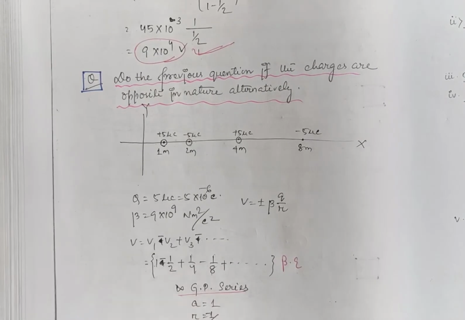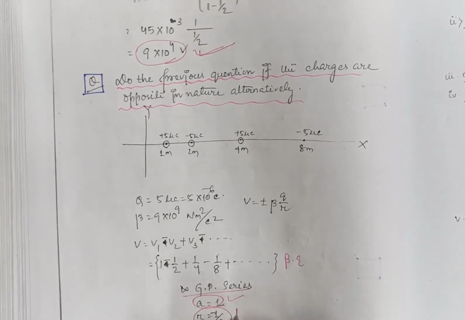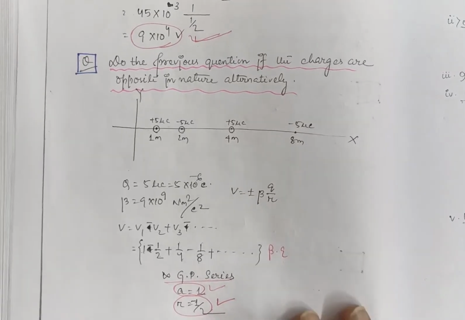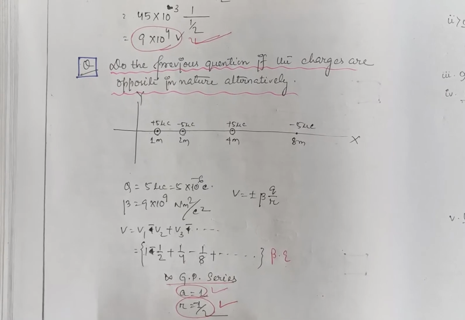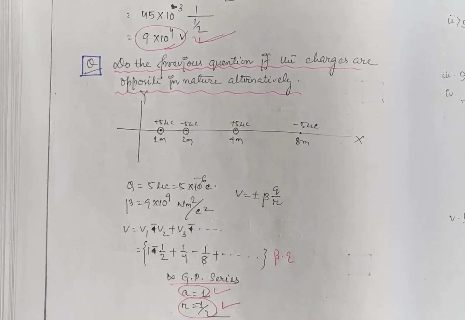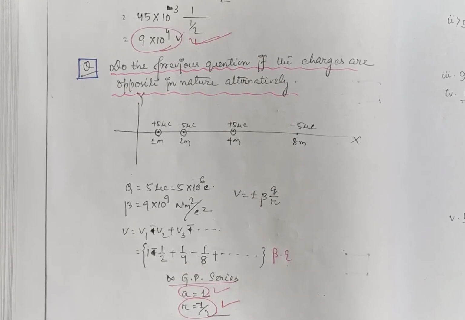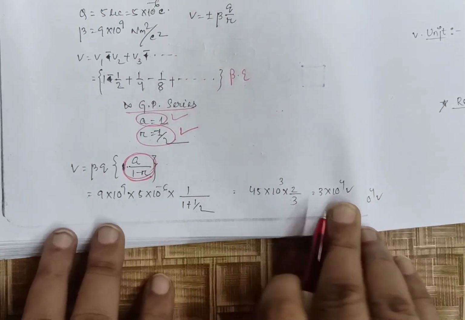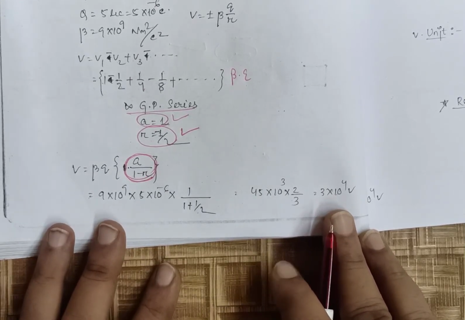This is also an infinite GP series. The first term is 1 and the ratio is minus 1 by 2. The sum of the infinite series is a by 1 minus r. You should remember this formula. Here r is minus 1 by 2, so it becomes 1 plus 1 by 2, and the calculated value is 3 into 10 to the power 4 volt.